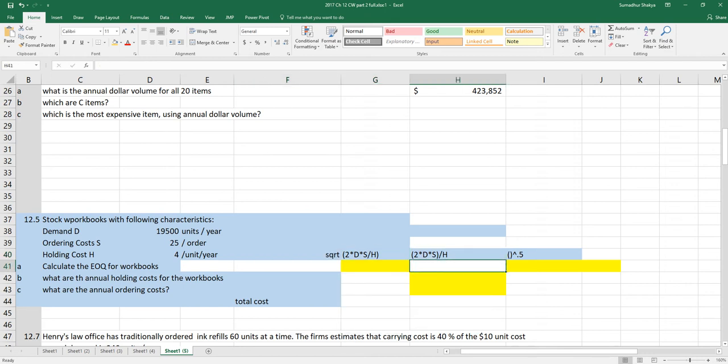Okay, so first I'm going to calculate, start of parenthesis, 2 times D times S divided by H. In this case there is less likelihood of making a mistake because there's no addition or subtraction in this calculation.